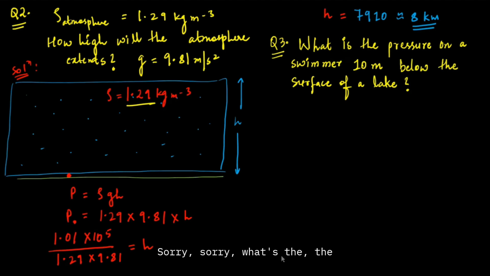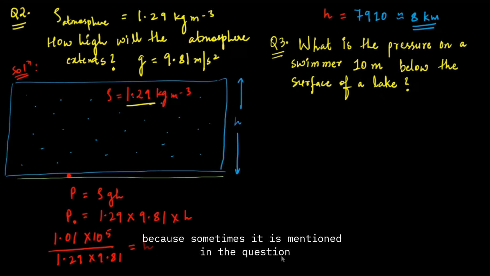What is the density of water? Oh, 1,000, right? Yeah, you need to keep that thing in mind, because sometimes it is mentioned in the question and sometimes it is not. So the pressure on him would be 98,000 pascals.